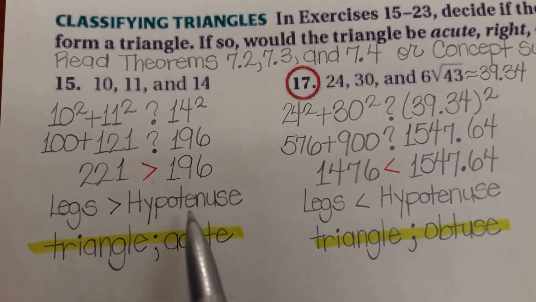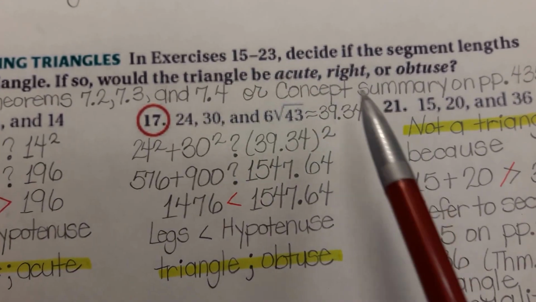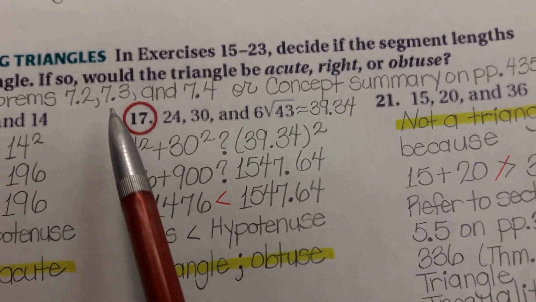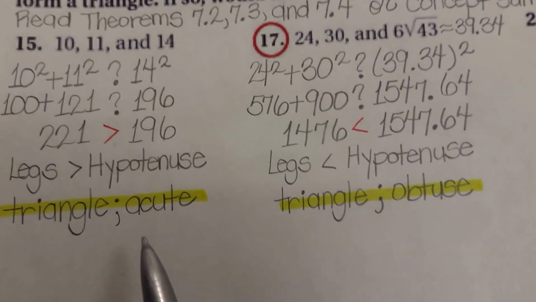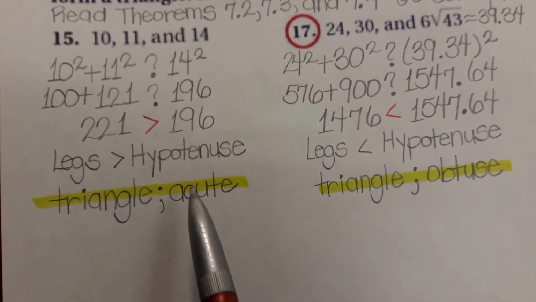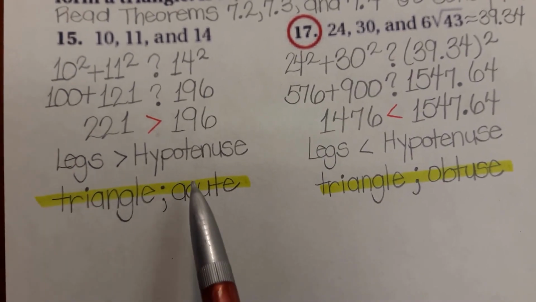Because my legs are greater than my hypotenuse, it is an acute triangle. You need to refer back to your concept summary or your theorems to get that definition of an acute triangle. So the acute triangle basically says that if the hypotenuse is less than the legs, it's acute.